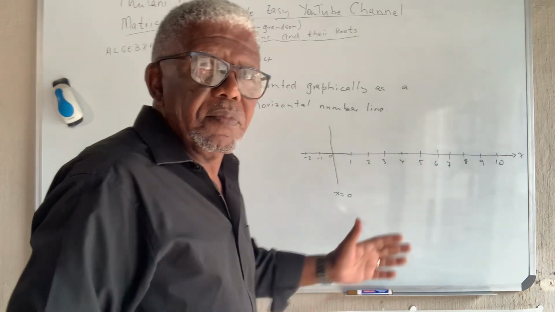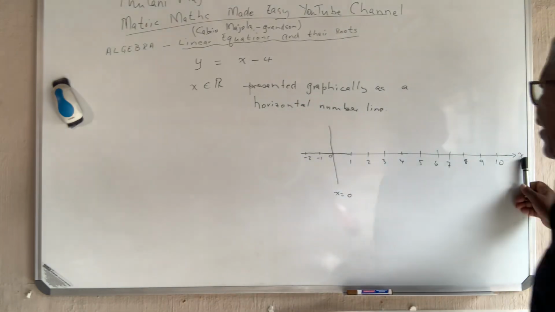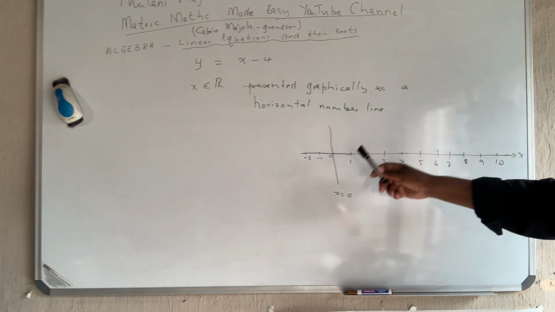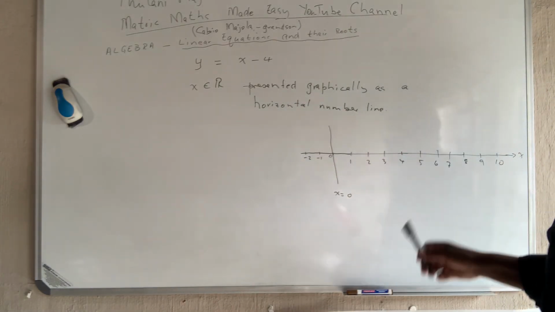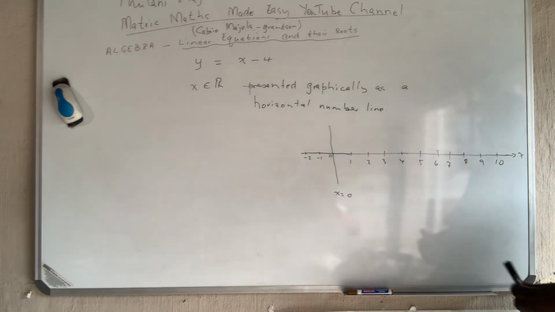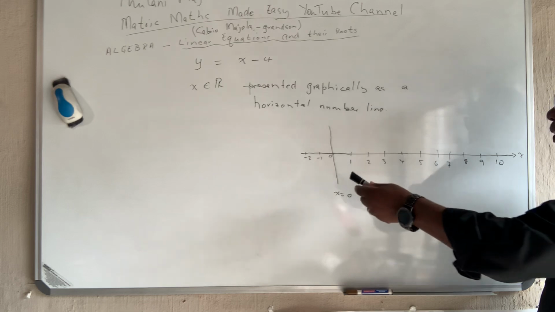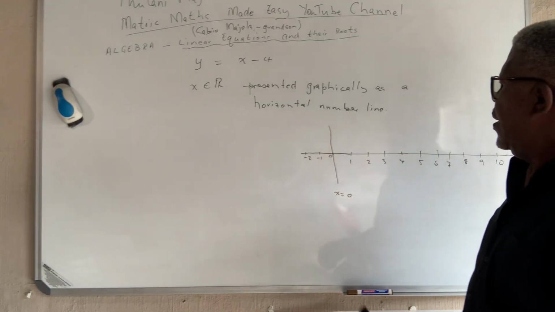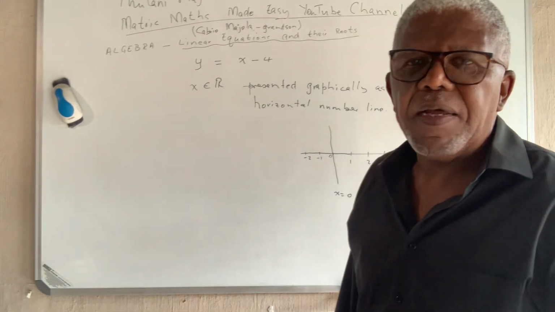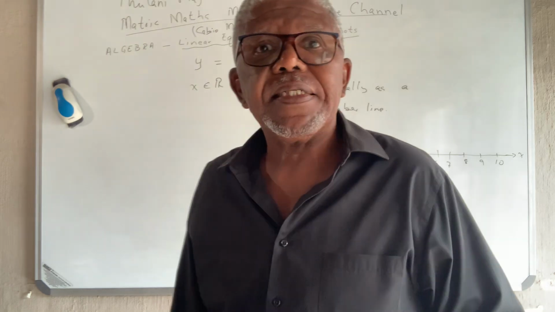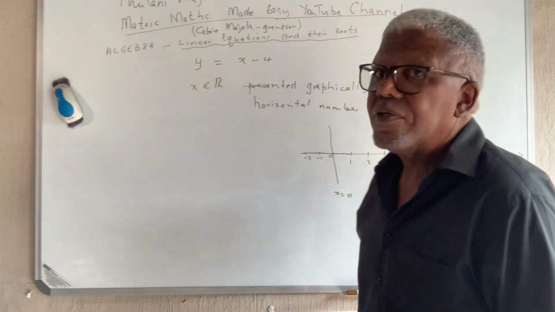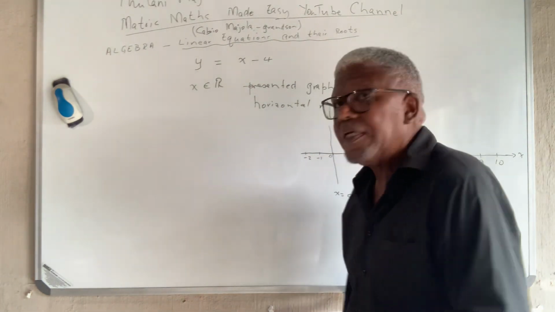So we know that the horizontal number line represents all the real numbers, and all the real numbers are the rational numbers and the irrational numbers. You have to understand the meaning of numbers in mathematics. If you do not understand the meaning of numbers, you will not enjoy maths.